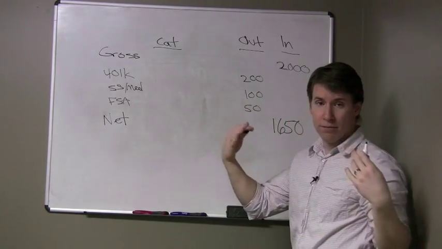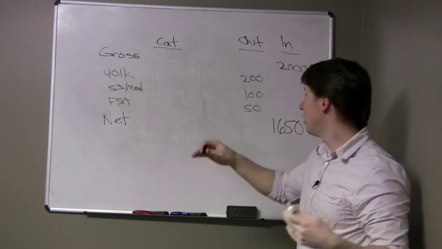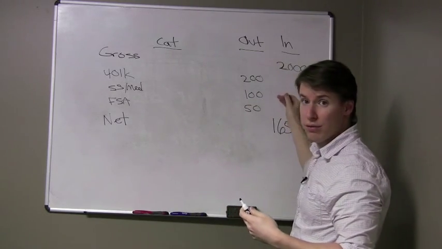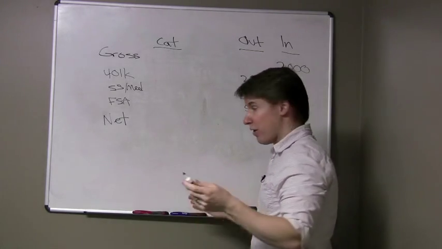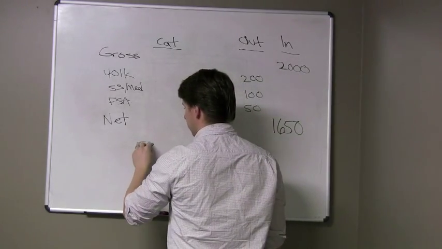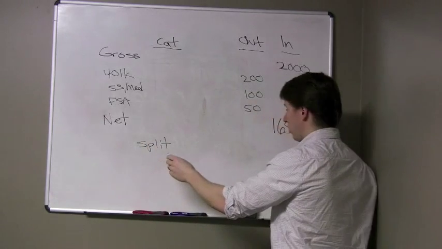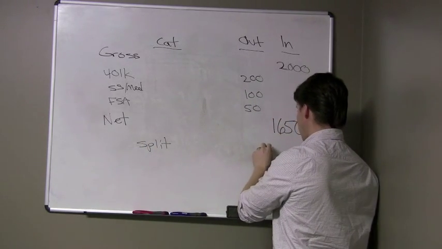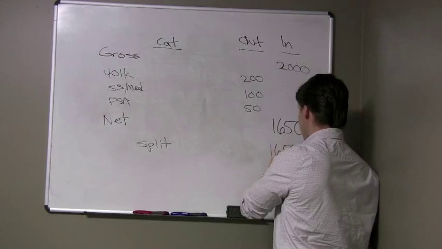Mentally going through it, you have your different outflows and different inflows. For your split, when you're actually recording it, you would categorize it as a split, and you would record that inflow of $1,650.